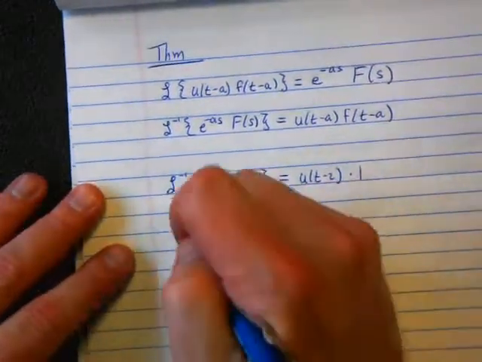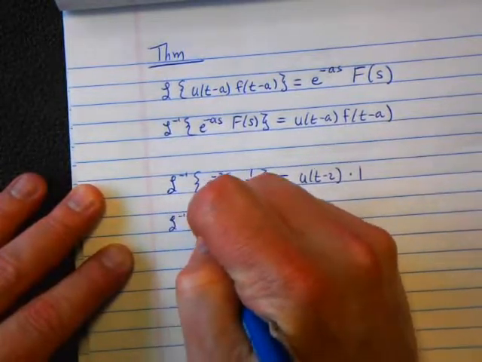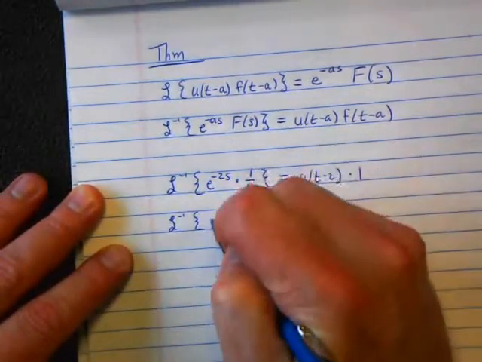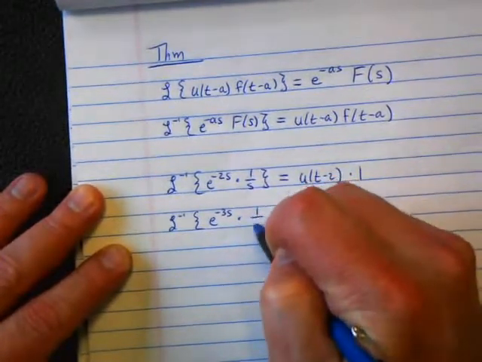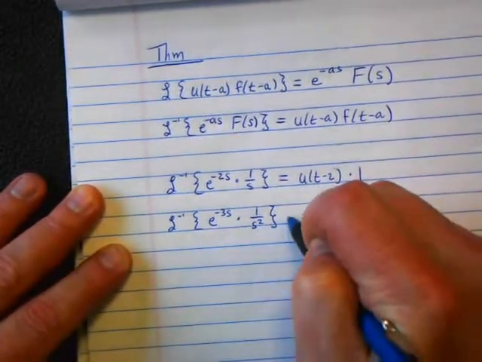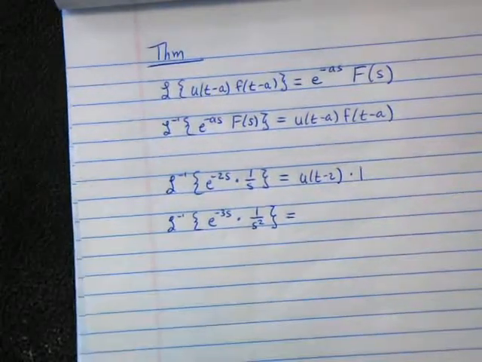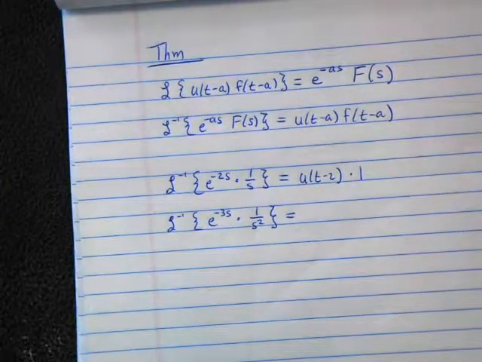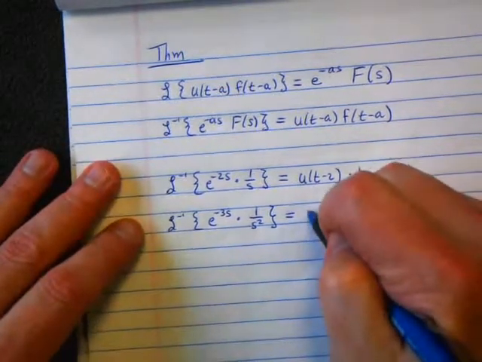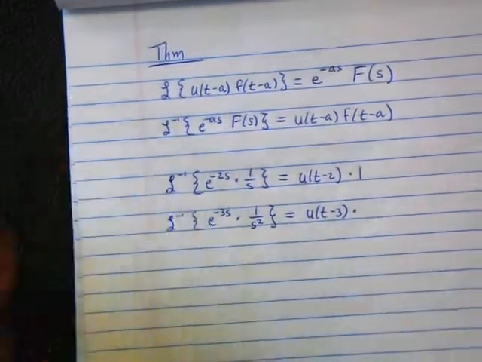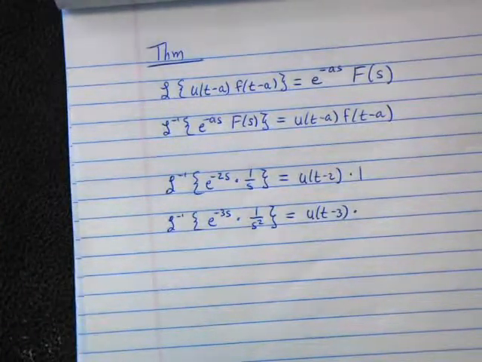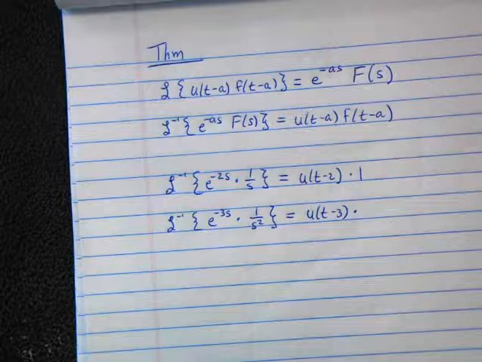How about the inverse Laplace transform of e to the negative 3s times 1 over s squared? U of t minus 3 times t, not quite.